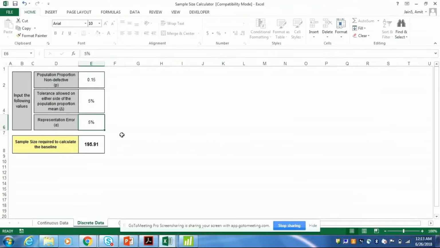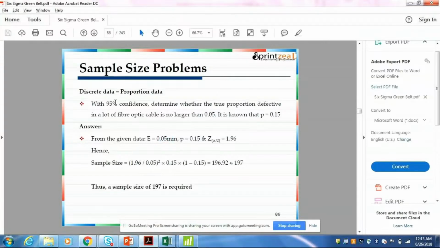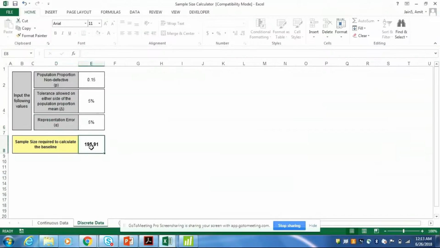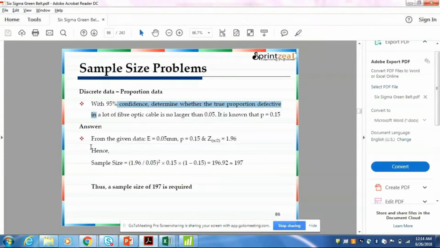Representation error, again alpha, which is 95% CI, is 5%, and it has calculated a sample size for discrete data, which is 195.91, which is quite close to this one.